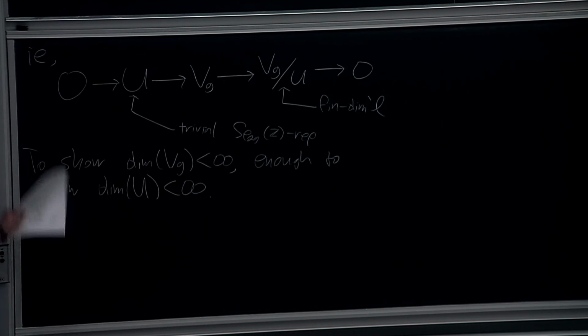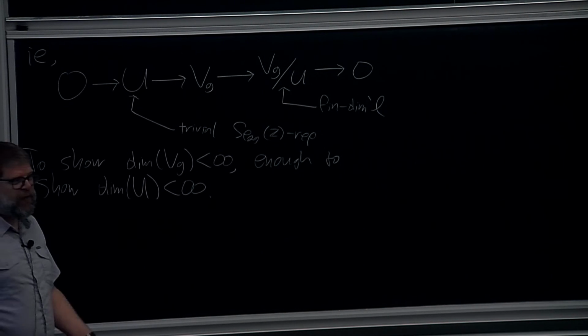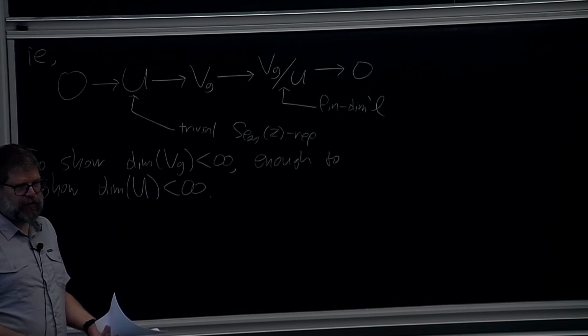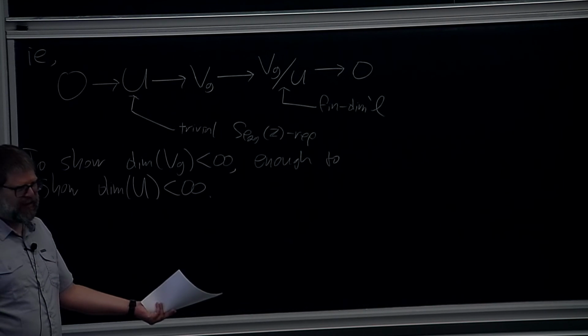But now we have a short exact sequence of representations of the symplectic group. If you have a short exact sequence of representations of a group, you get a long exact sequence in group homology.